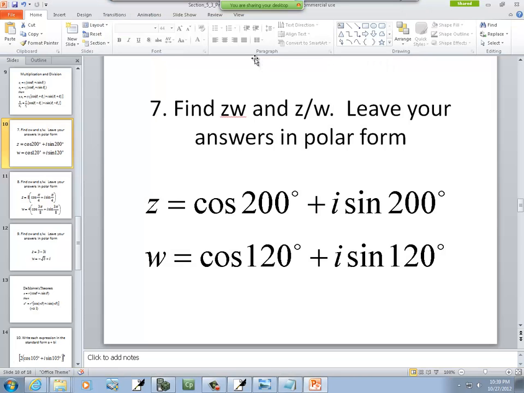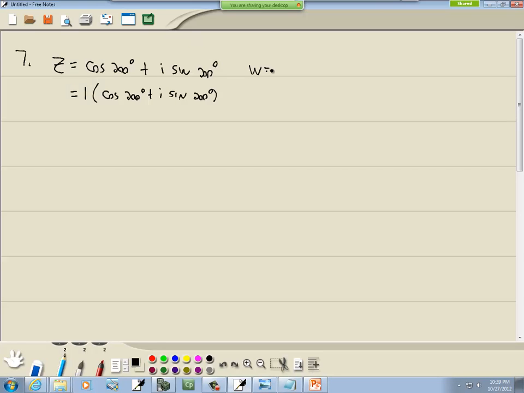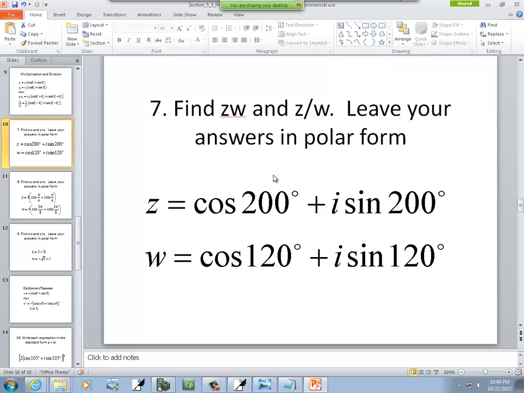And then the other one is W. W is equal to cosine of 120 degrees plus i sine of 120 degrees. And again, there's no r there, but there's an implied 1. So that's 1 times cosine of 120 degrees plus i sine of 120 degrees.